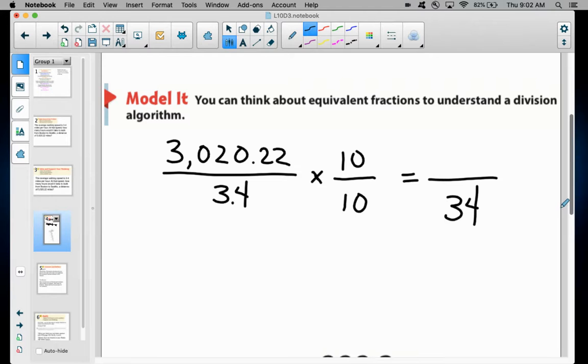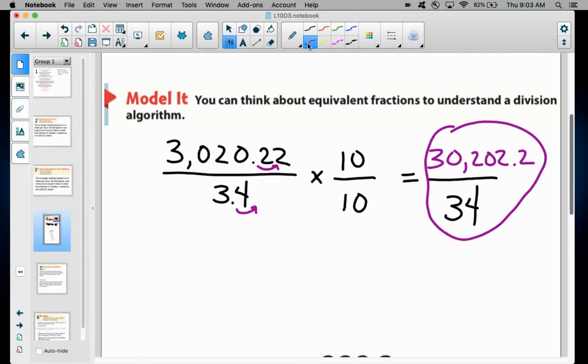So when I am multiplying by 10, if you noticed, the decimal point moved over one space. And so that's going to be the same deal on the numerator or my dividend. And it's going to be 30,202 and 2/10 for my new dividend. So that's going to be our division problem that we're actually going to need to do.